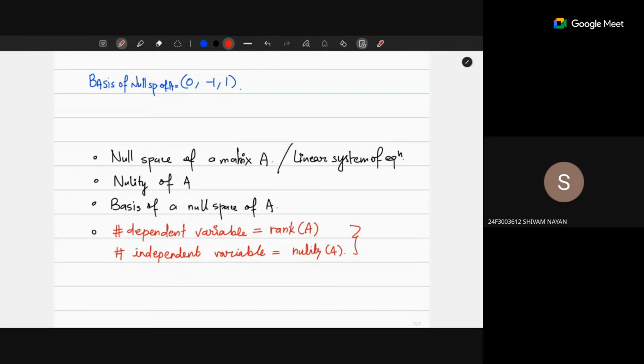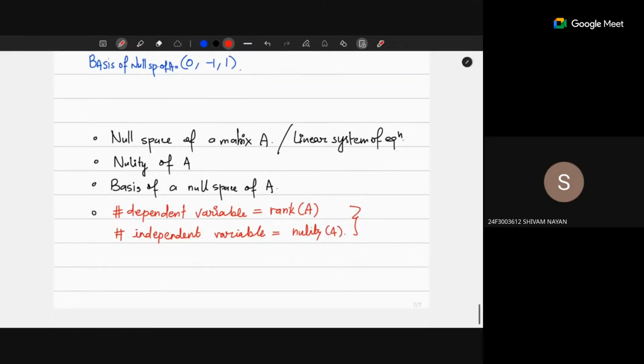They are complementary to each other. So a variable is either going to be dependent or independent.